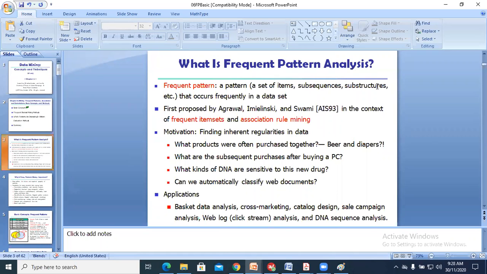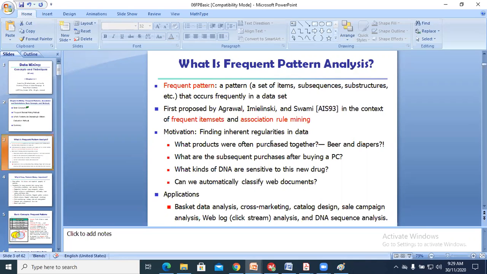And there are some substructures, and you will have some other substructures of the pattern as well.